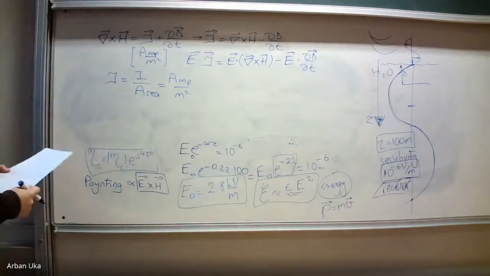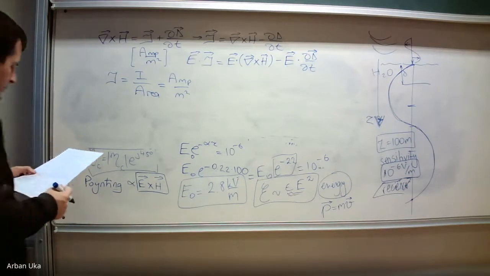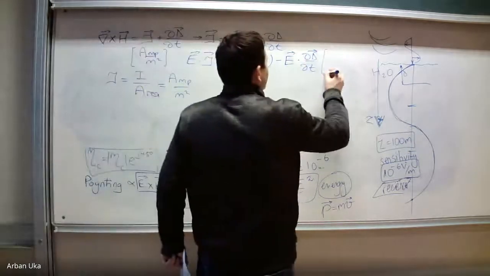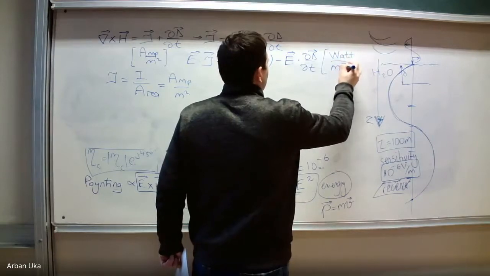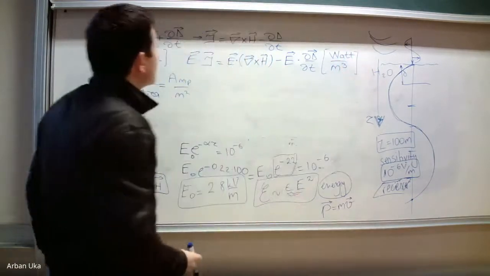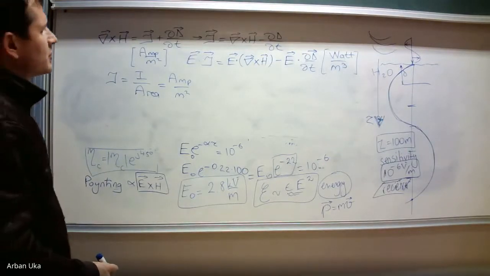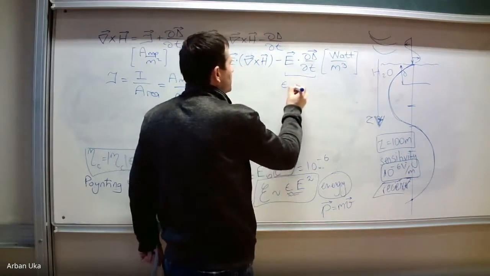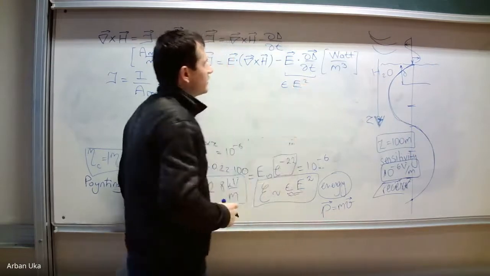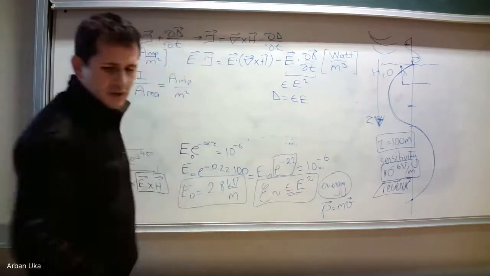Okay, so we get this expression here, and it has a unit of watt per meter cube. So this is watt per meter cube because, if you look at this term, what is this? This is permittivity times E squared.